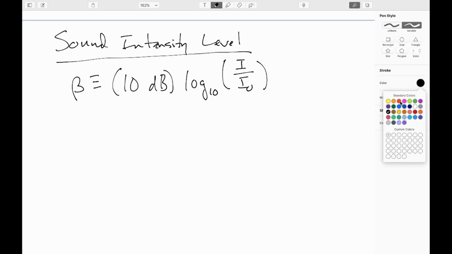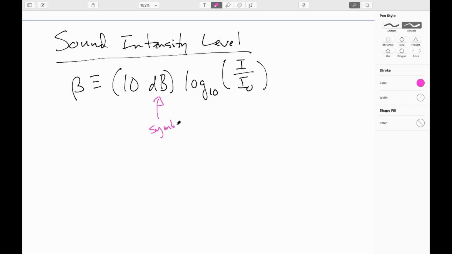So a decibel, again, if you follow this through, there are no physical dimensions here. So this is a symbol to tell us we're in sound intensity level. It's not a proper unit.